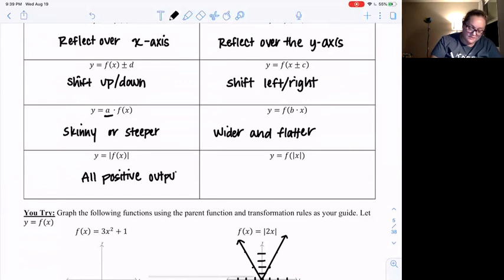Now, what happens when that absolute value is around the x? Then it means you have no negative x. In other words, it eliminates the left half of the x-axis.